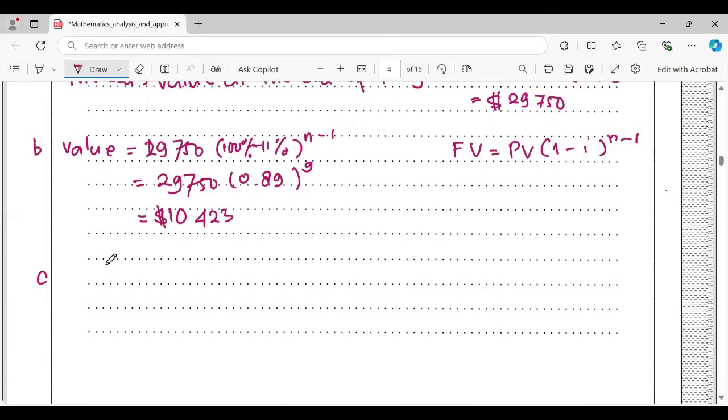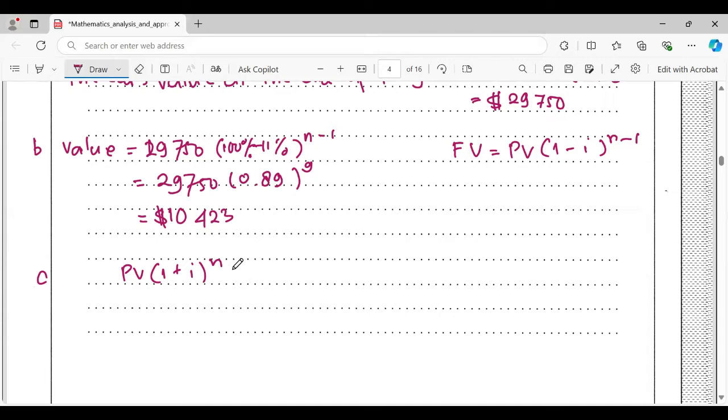I'm going to use this formula, 1 plus r, or 1 plus i, because we want less than 10% of the original price.